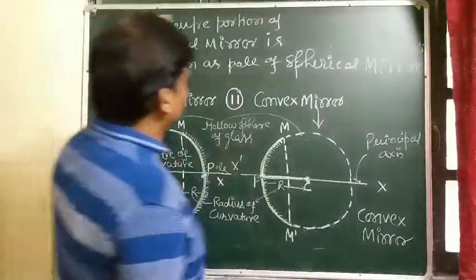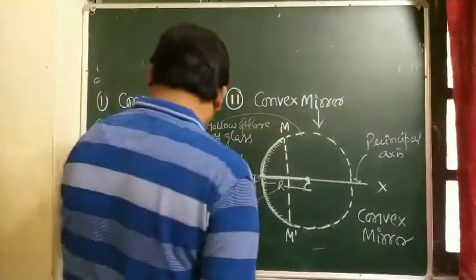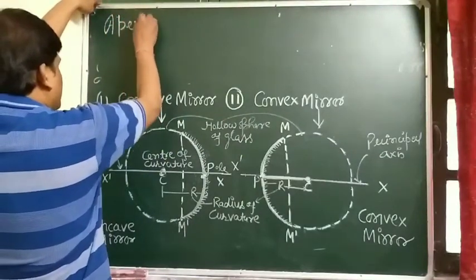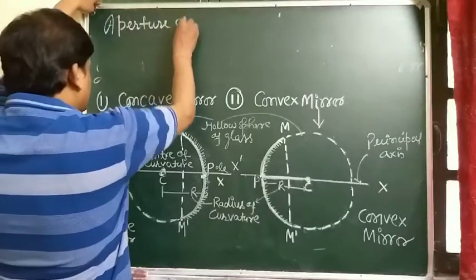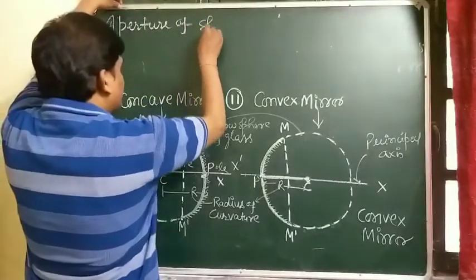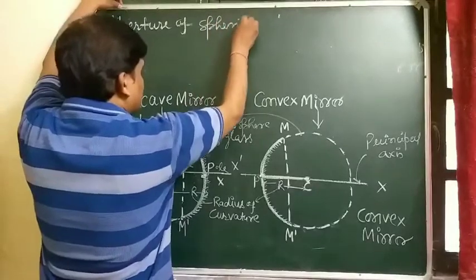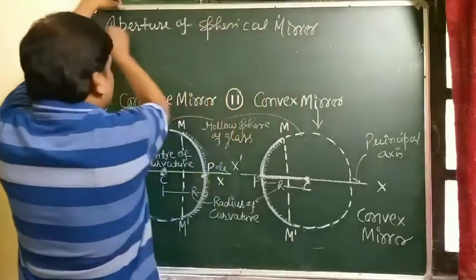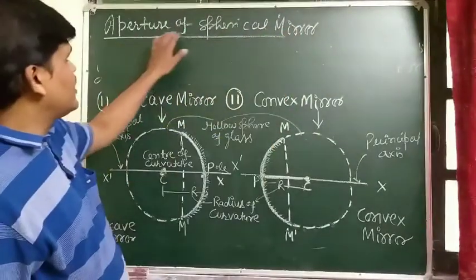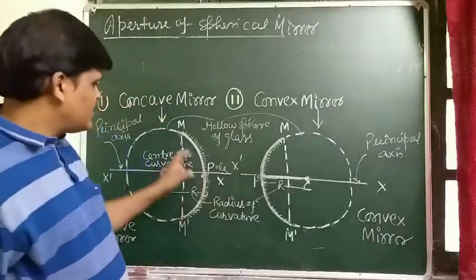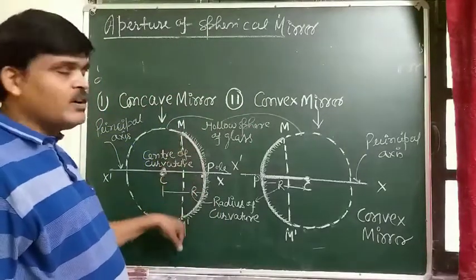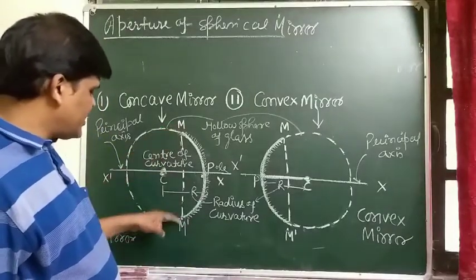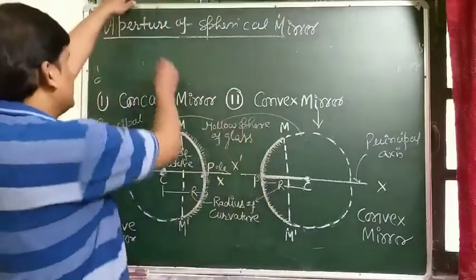Next one, student, what is the aperture of a spherical mirror? We can say that the aperture of a spherical mirror is the diameter of the reflecting surface of the spherical mirror, and here M dash, that is what?